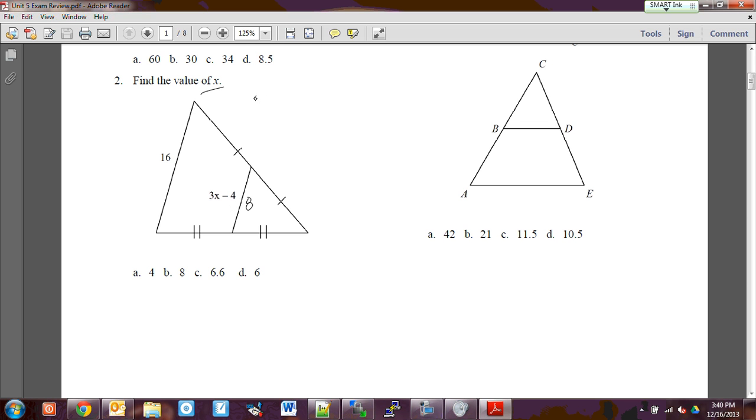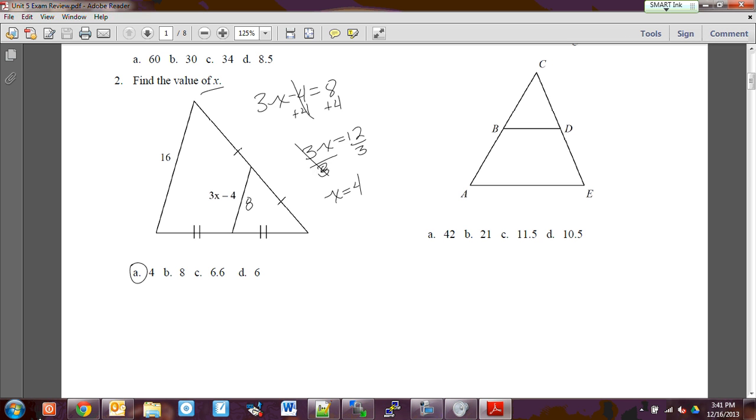So now we know that 3x minus 4 will have to equal 8. Now all we have to do, solve for x. Add 4, add 4, 3x equals 12, divide by 3, divide by 3, so x equals 4. And since we were only supposed to find the value of x, we are finished. The answer is A.